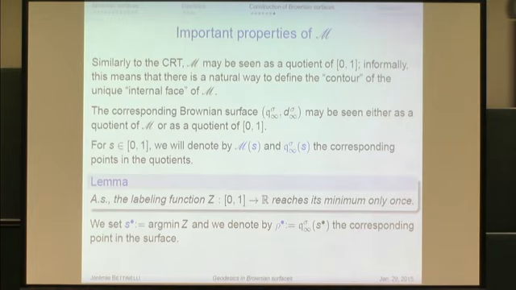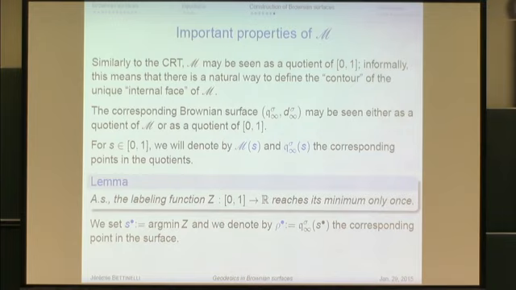If you want, it's the generalization of the CRT. As for the CRT, there is a way to define a contour of this structure, so you can see it as a quotient of [0,1]. For the CRT, seeing it as a quotient of [0,1] is just what Jason explained.